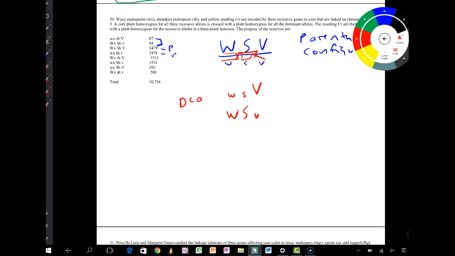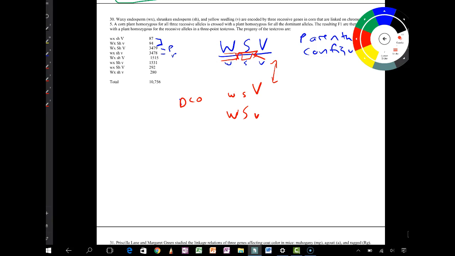So these are in a different order. So the way to figure out what order we're in is to compare these two guys and see which letters have to switch sides across the line to go from our parentals to our double crossovers. Well, big W, big S, and big V start together.